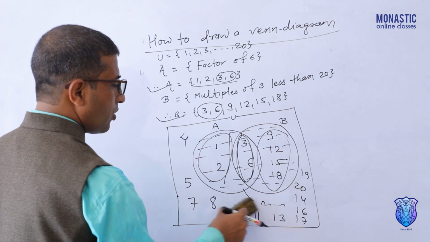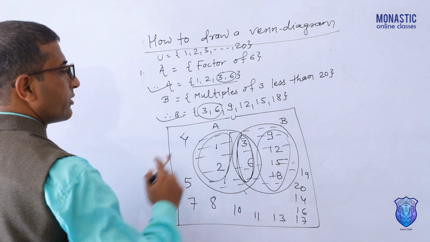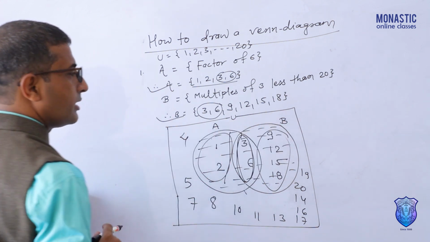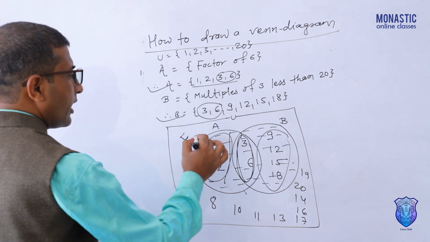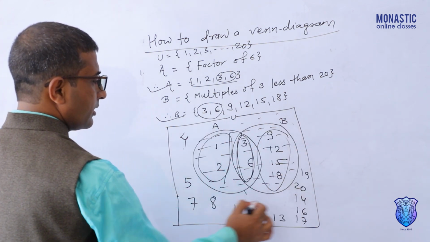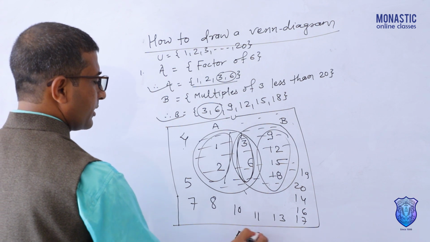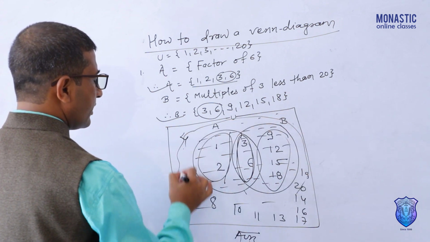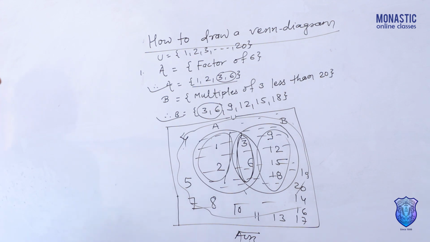We have to write all these outside A and B. Outside A and B is A union B complement. All the elements outside are A union B complement.